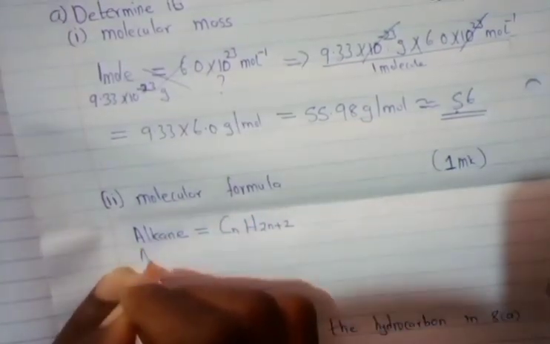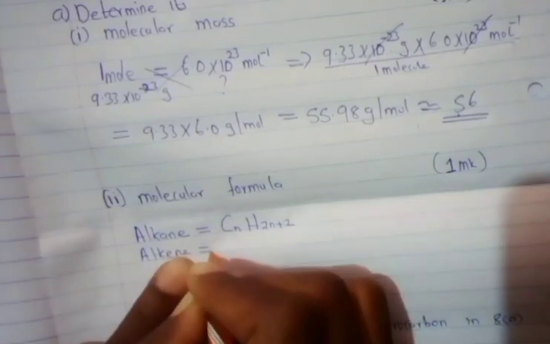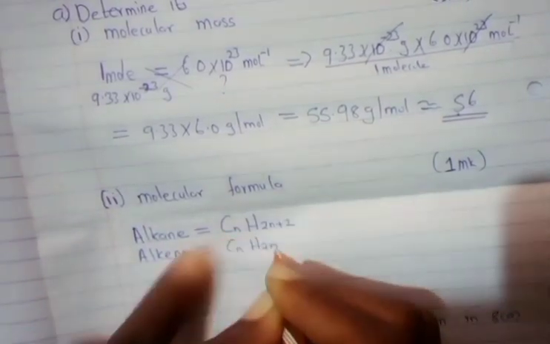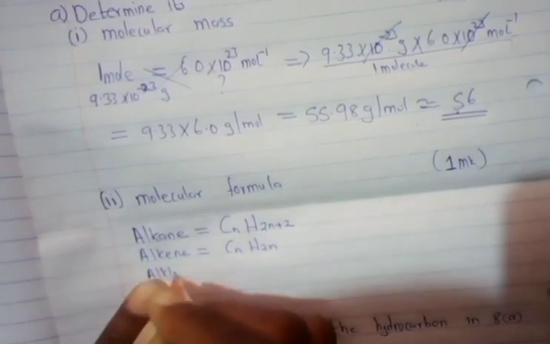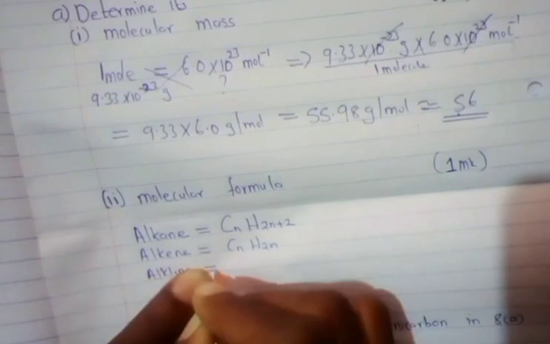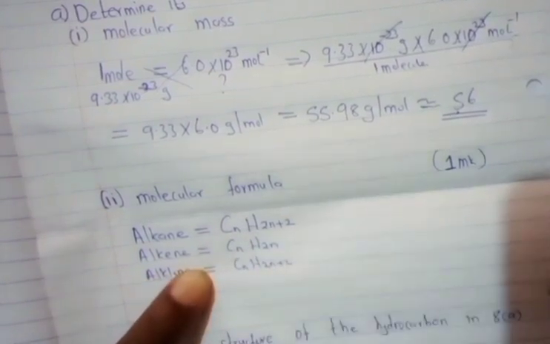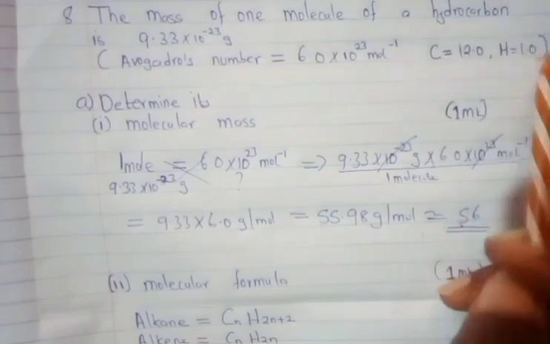We have alkyne, we know the molecular formula is CnH2n. Then we have alkene, the molecular formula is CnH2n plus 2. And we have been told here carbon is 12 and hydrogen is 1.